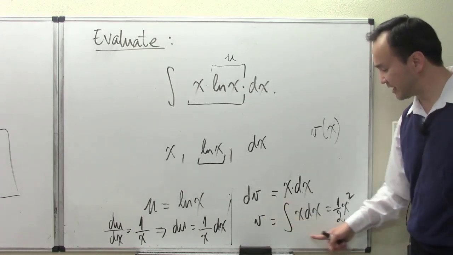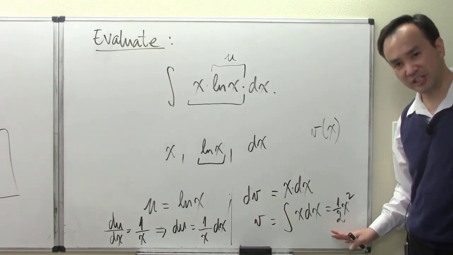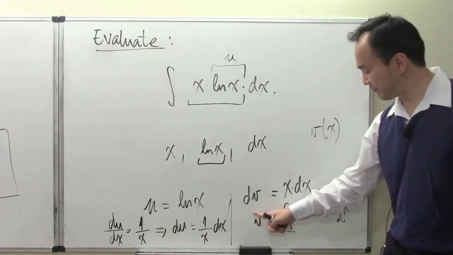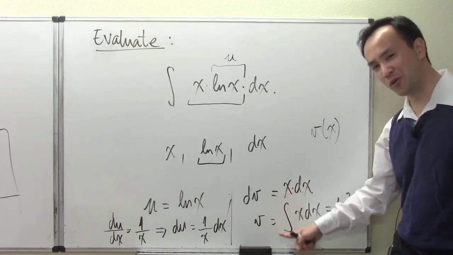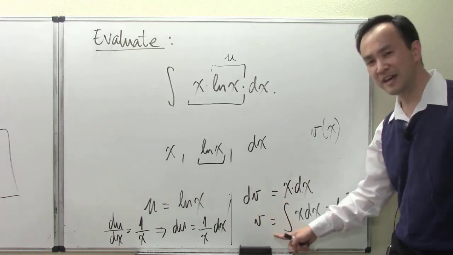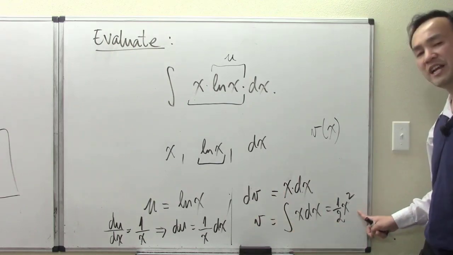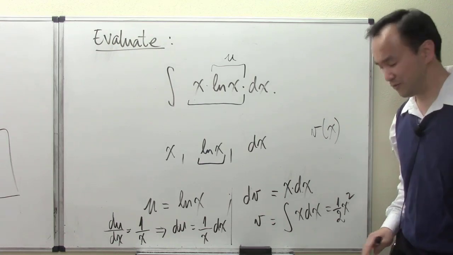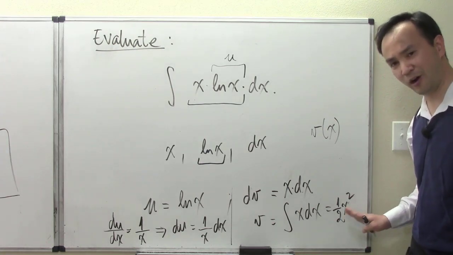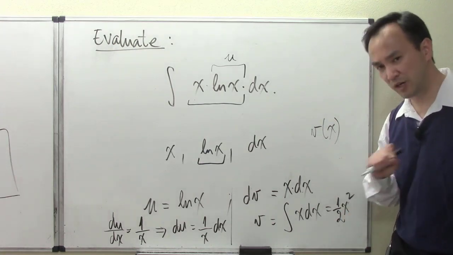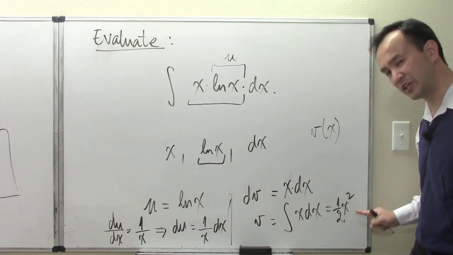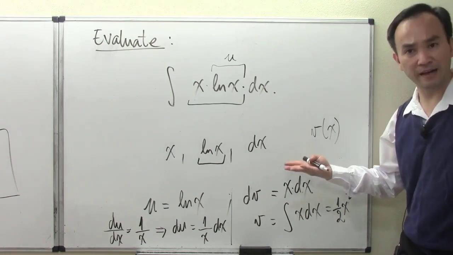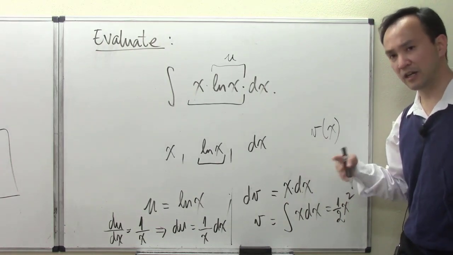When you're just taking an antiderivative as a small step in your integration by parts work, you don't need to have the plus c. This is the only exception. It's just to keep things simplified. It's proven that it will work the same whether you have the plus c or not, but having the plus c makes it harder to handle, even though it turns out the same result.